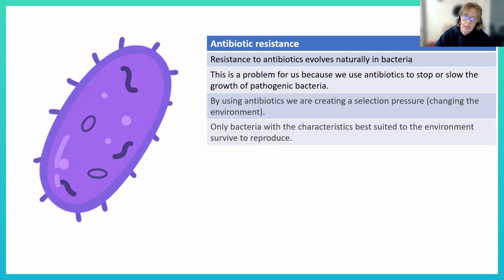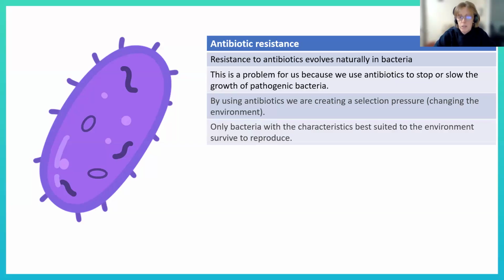We're creating a selective pressure that promotes antibiotic resistance by overusing antibiotics, by not completing the course. So some bacteria end up surviving at the end because we stop taking our medicine because we feel better. A few will survive and now have some little degree of antibiotic resistance.